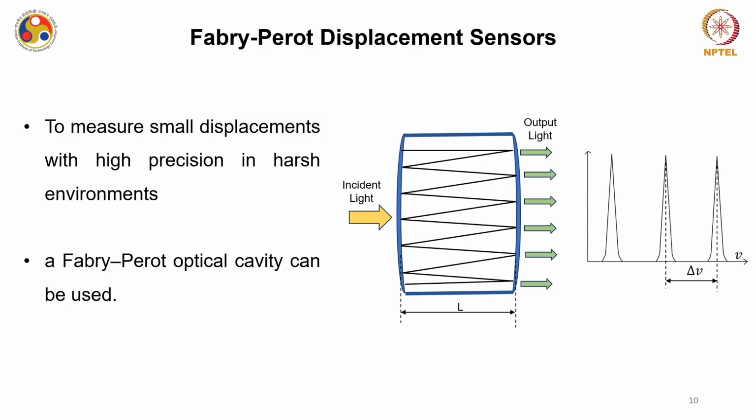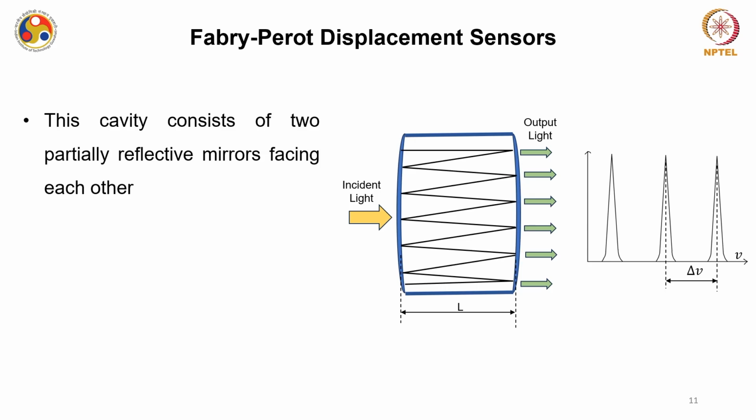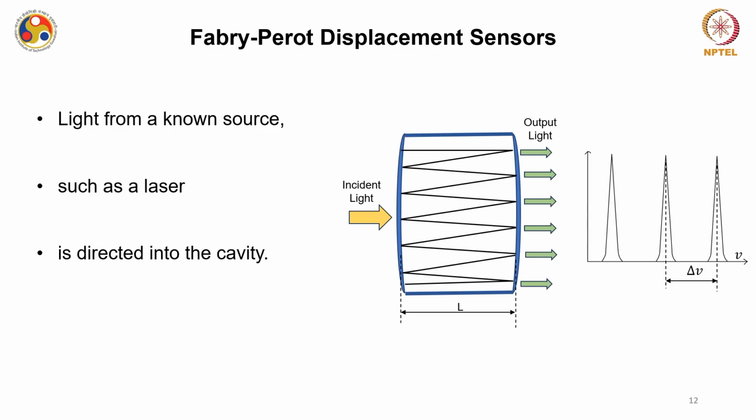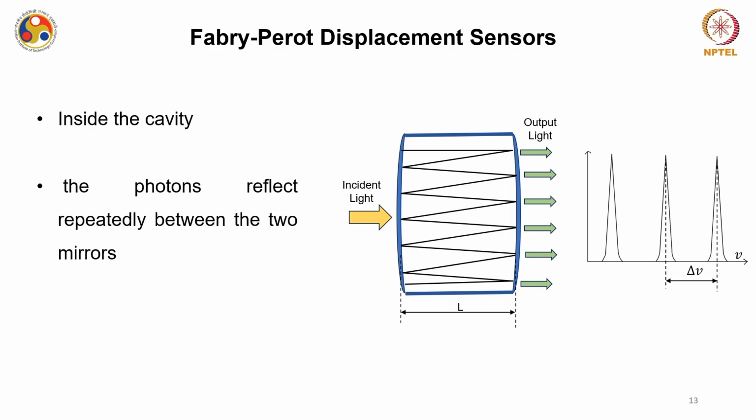A Fabry-Perot optical cavity is the backbone of a Fabry-Perot displacement sensor, and a typical Fabry-Perot cavity looks something like this. This cavity consists of two partially reflective mirrors which face each other, and these mirrors are separated by a length L. Now, light from a known source, for example a monochromatic laser, is directed into the cavity, and inside this cavity the photons reflect repeatedly between the two partially reflective mirrors.